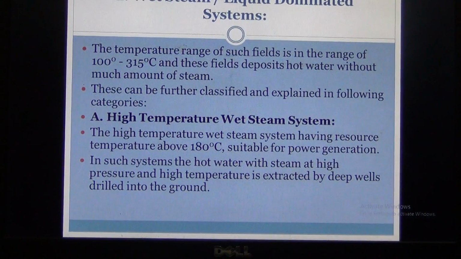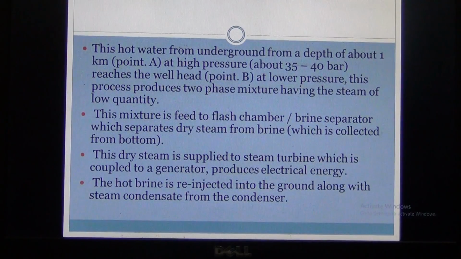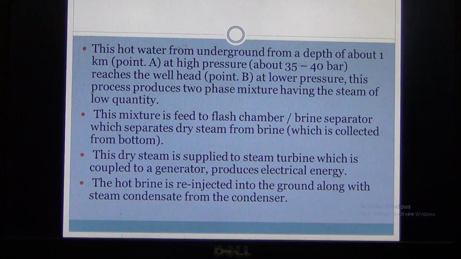In such a system, the hot water with steam at high pressure and high temperature is extracted by deep wells drilled into the ground. This hot water from underground, from a depth of about 1 kilometer, that is point A, at high pressure of about 35 to 40 bars, reaches the well at point B at low pressure. This process produces a two-phase mixture having steam of low quality.